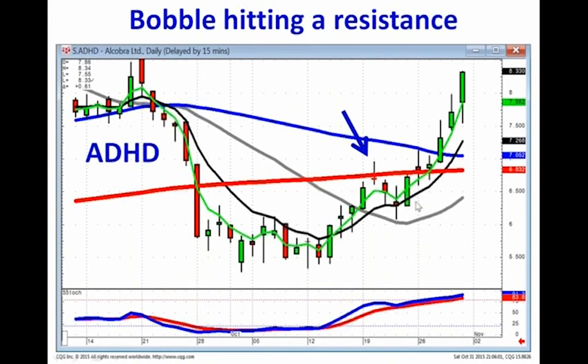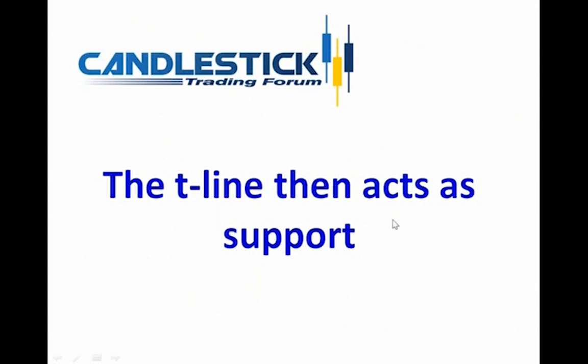If it supports on the T-line, and you took your profits here, because if you cut the chart off, basically we've got a candlestick sell signal on a major resistance level, take our profits, but notice what it can't do. They can't close this below the T-line. We're buying back on the Bobble breakout because this is just a much more defined J-hook pattern telling us where the resistance level was and where to get back into the trade.